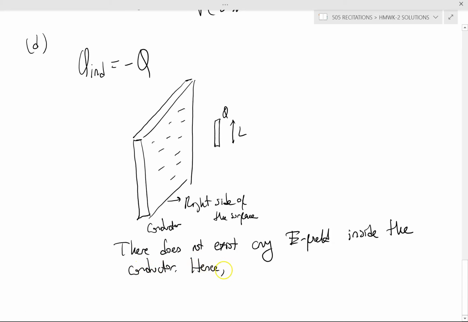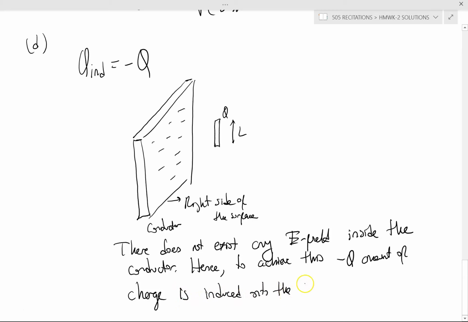Hence, to achieve this, minus q amount of charge is induced onto the right side of the infinite plane.